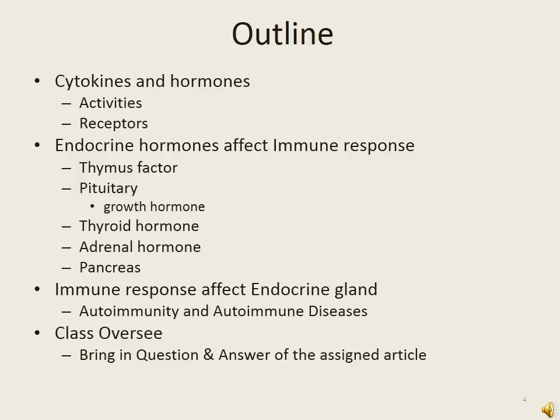Next, we're going to learn the endocrine hormones that affect an immune response, and I selected 5 hormones: from the thymus, the thymic factor; from the pituitary, just growth hormone; from the thyroid; from the adrenal; and then from the pancreas.